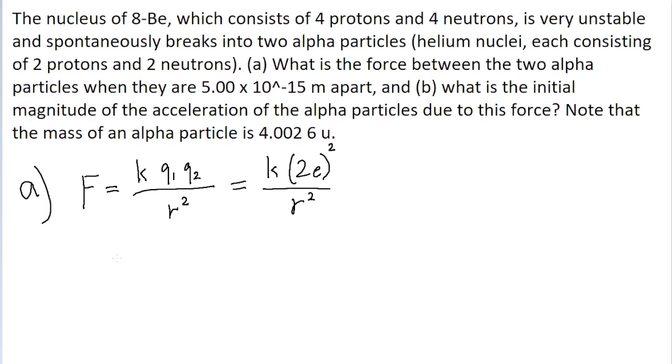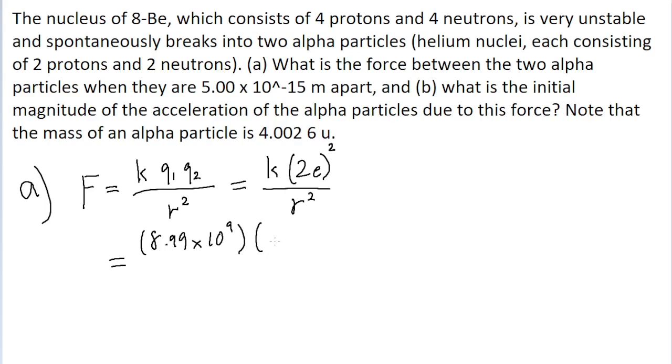Now from this point forward, solving the problem is fairly simple. It's nothing more than a matter of plugging in the values that were given in the problem into this equation. So K is the Coulomb constant, which has a value of 8.99 multiplied by 10 to the power of 9, with units of Newton meter squared per Coulomb squared.